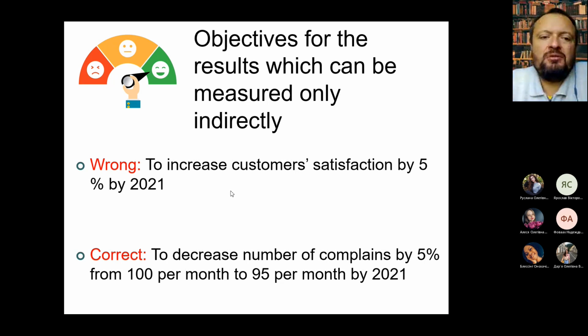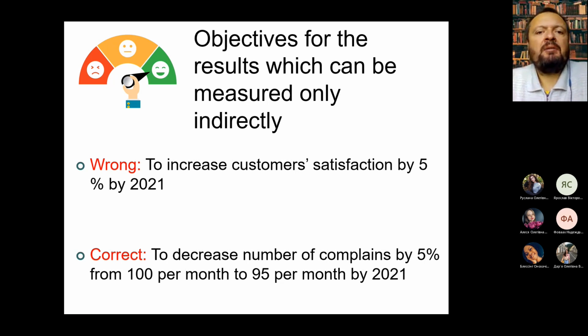But if you are formulating this objective in the way it is written here, to increase customer satisfaction by 5% by some year, from this definition, from this objective, it is not clear to us what we have to do, how it can be measured.